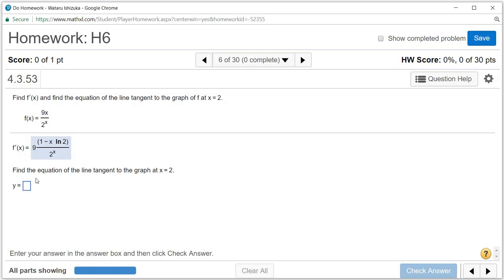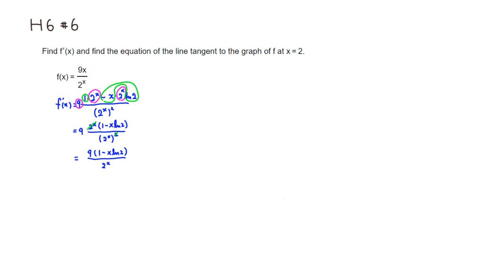Then we want to find the equation of the tangent line at x equals 2. So let's do that. In order to have the equation for the tangent line, we look for a couple of things. One is the point, which I'm going to call x1, y1. And two, we need to find the slope, which I'm going to call m.